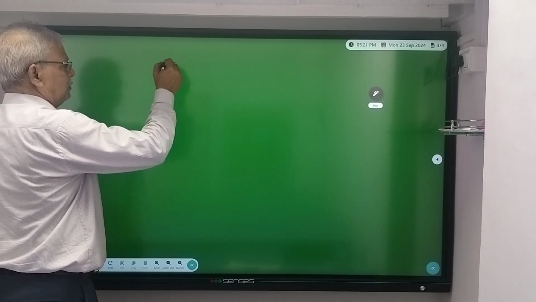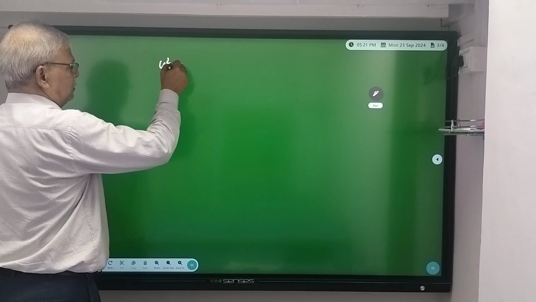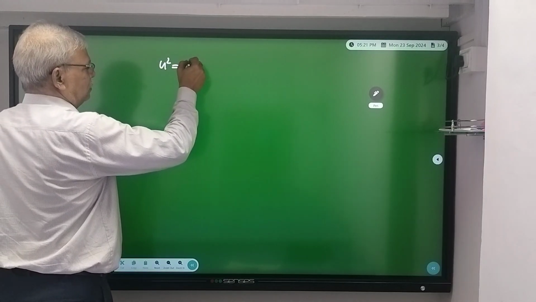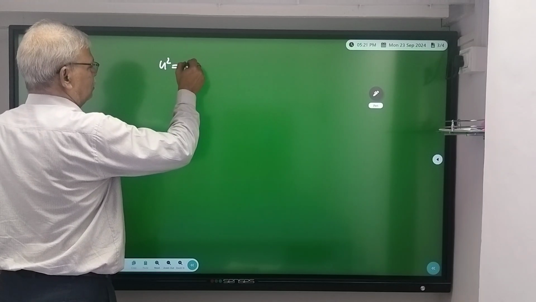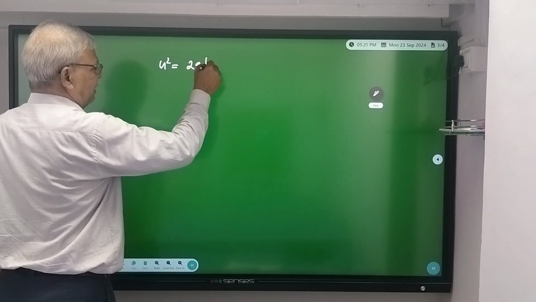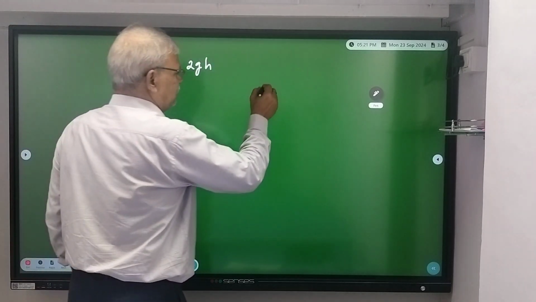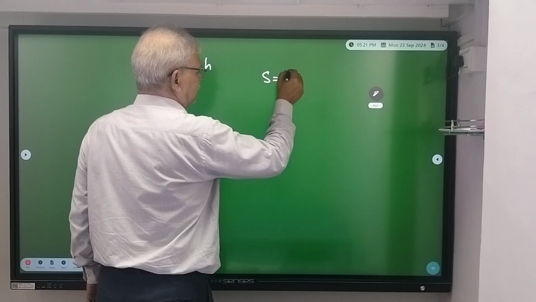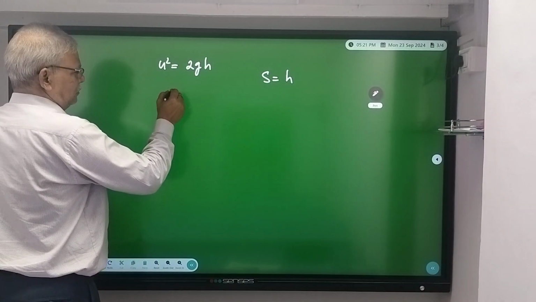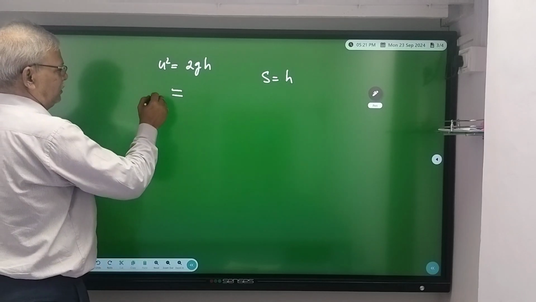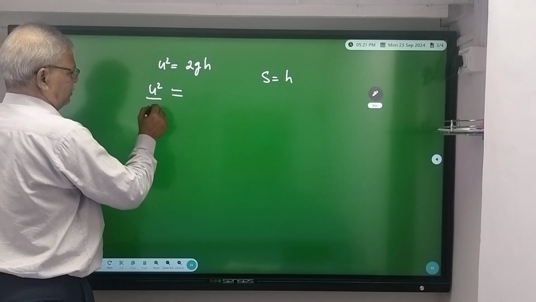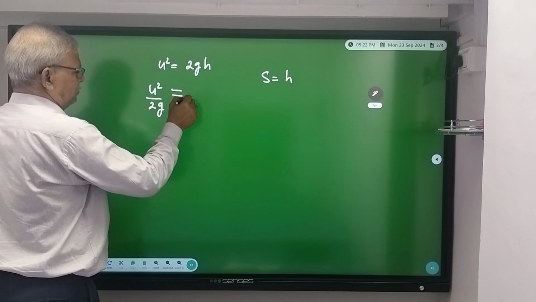Therefore U square is equal to 2G. Instead of S, I am writing here H, because S is equal to H in height. Now see here, it will be U square upon 2G is equal to H.